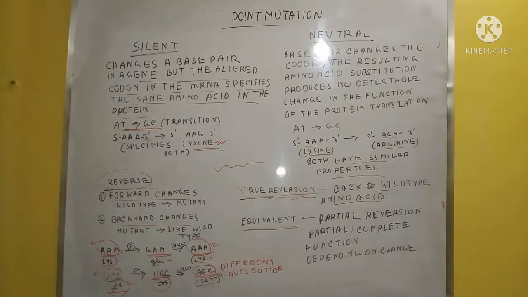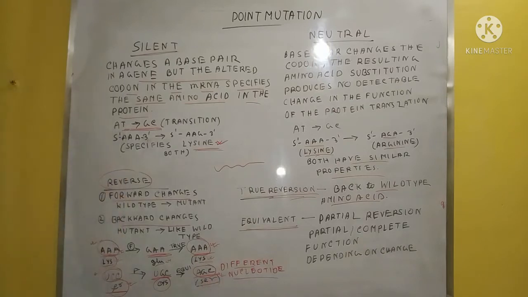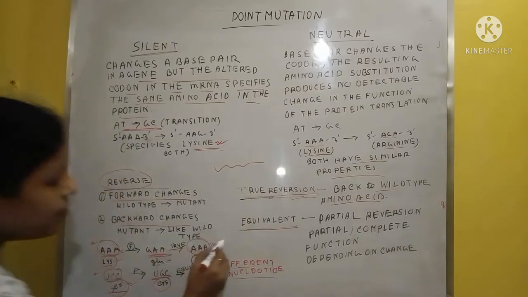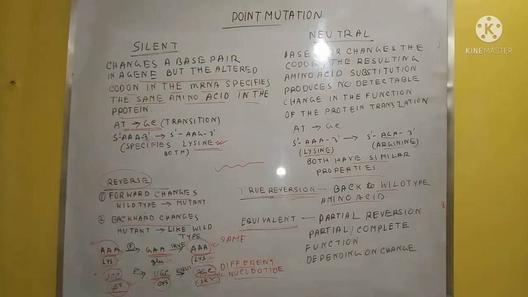Why equivalent reversion? Because of different nucleotides. In the first case the nucleotides are the same, but here you see different nucleotides. So the function may change or not change, depending on the mutation.